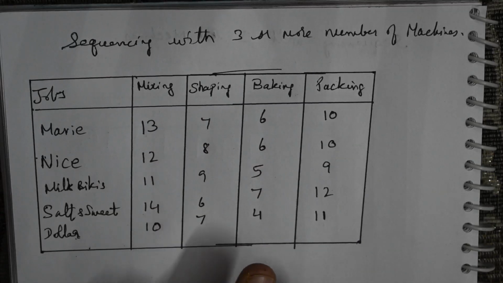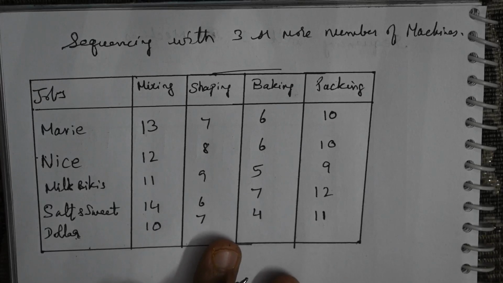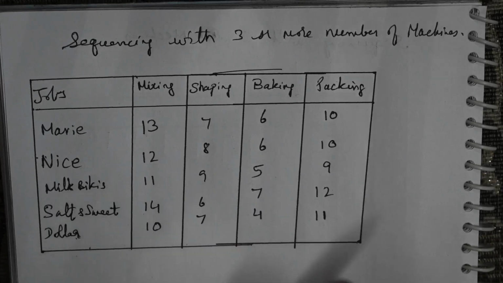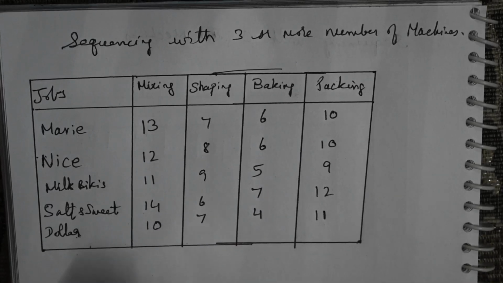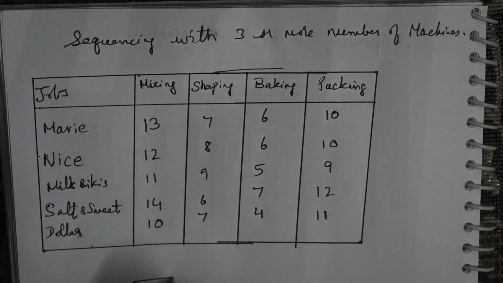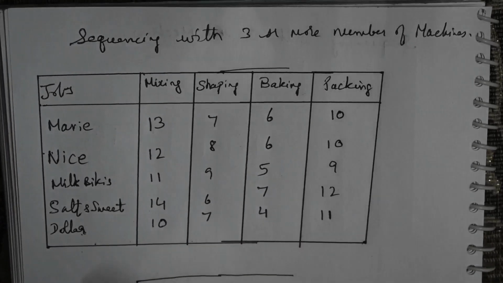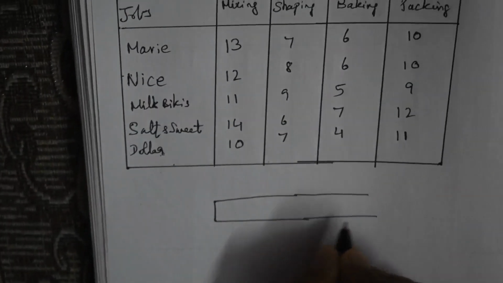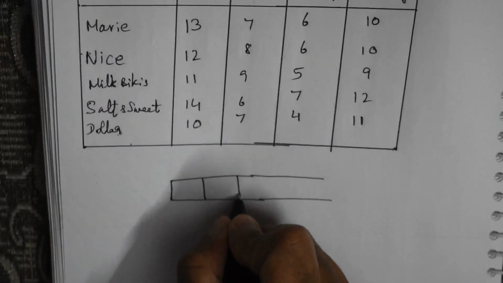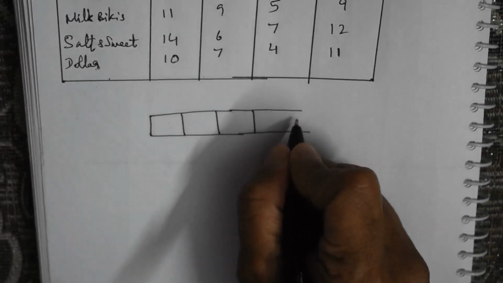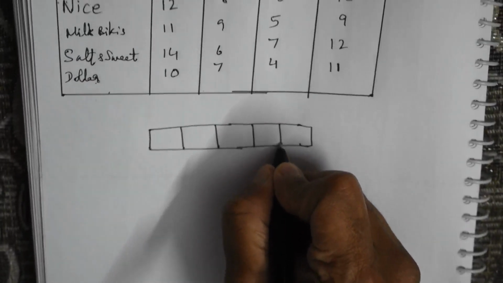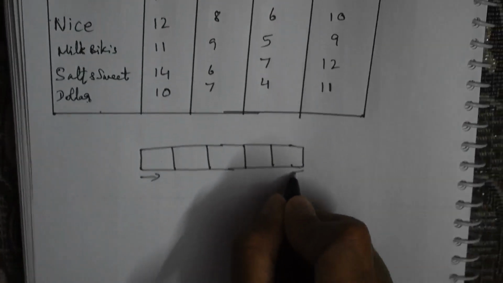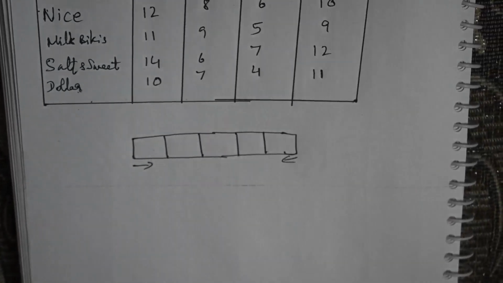Now, this is unlike the 2 machine model, because when you need to do sequence, I think you remember, for the sequence we have the boxes like this. For each job we have boxes, and then we write machine 1, machine 2.